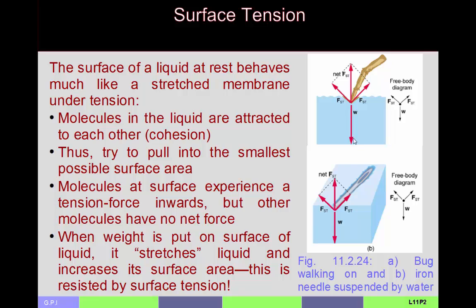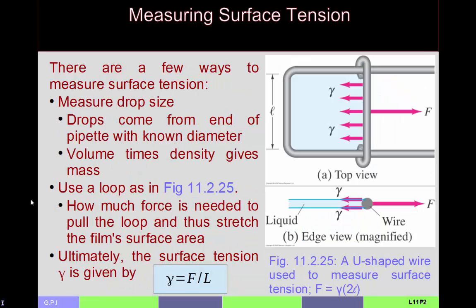And sometimes that net tension force will be equal to the weight of the object upon which the tension is placed, and so the object appears to float entirely, 0% submerged, as opposed to a buoyant force in which the thing would just be simply floating. So that's basically how, for example, those water strider bugs are able to walk across the surface of water. And there's a few ways that you can measure surface tension.